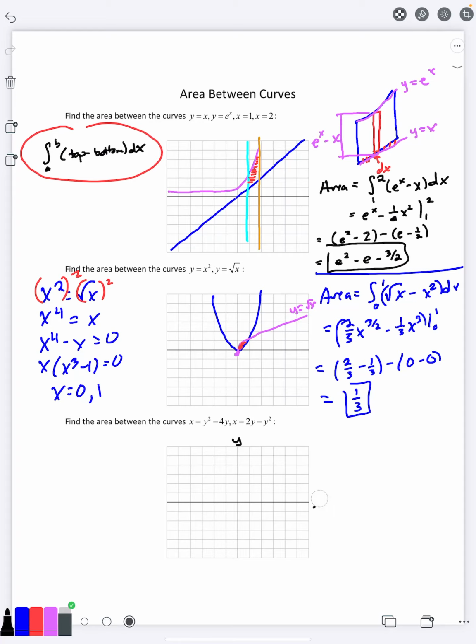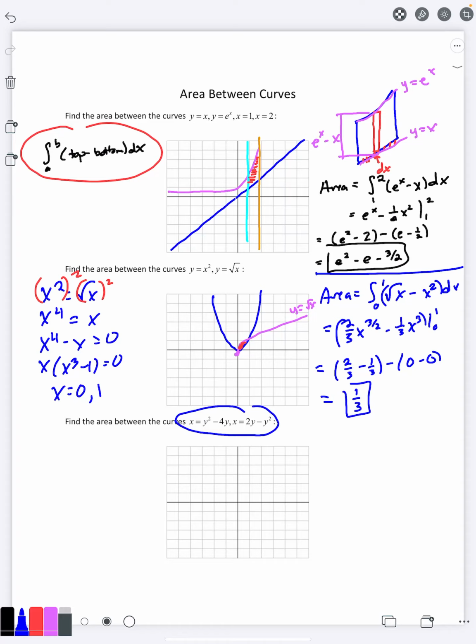Math would work out perfectly fine if you had had y on the horizontal and x on the vertical. You just have to change how you viewed everything. And so the trick that I show my students for this is take this set of equations and switch around what your x's and y's are.